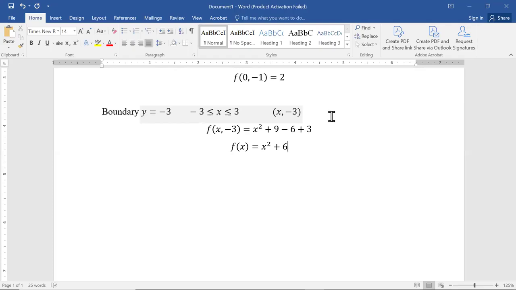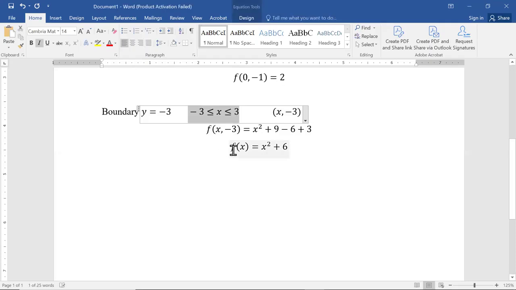We can do the same thing we did before. We can find where this function is going to have a maximum and where it's going to have a minimum between these two x values. Where is this function going to have a maximum and a minimum between -3 and 3?